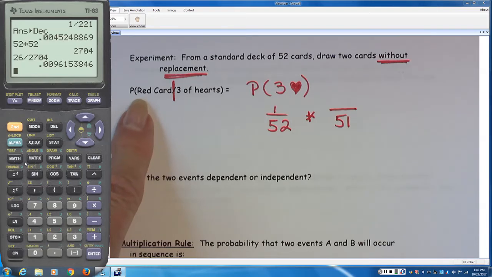Only 25, because we have the red one out on the table.